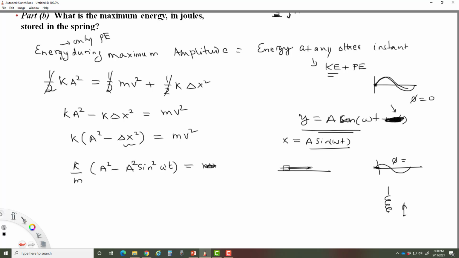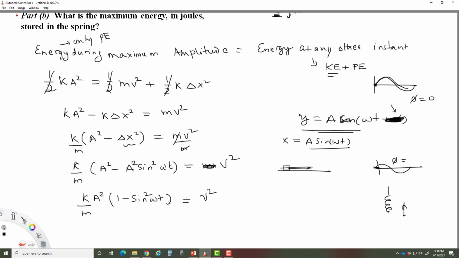This is equal to m. We already got rid of m, divided both sides by m, so that's v squared. So k over m, and A squared are common, so put it out. So 1 minus sine squared omega t is v squared.